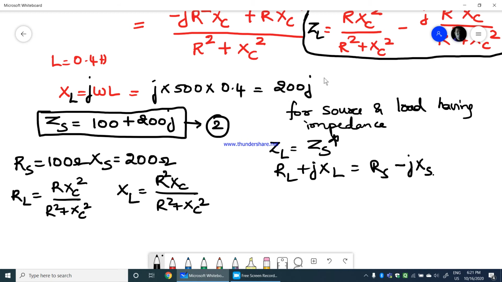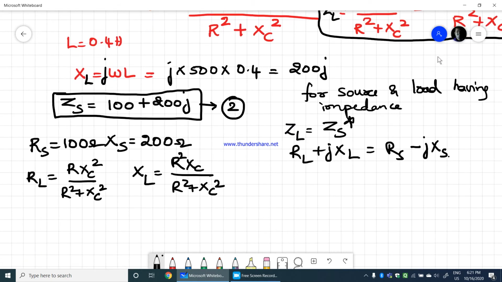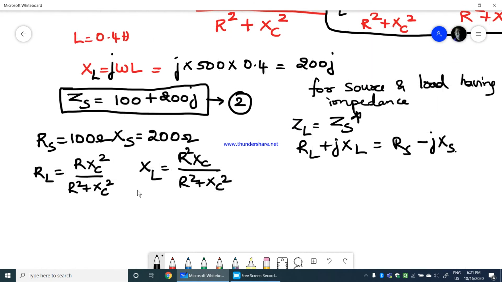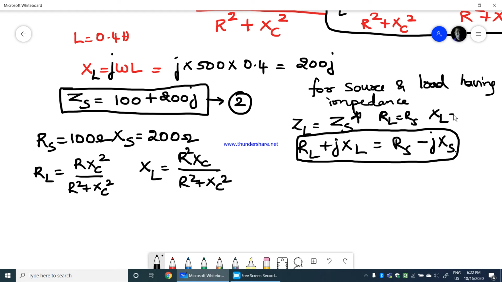Now in this problem, we need to find out the value of C and R. Now with this equation, can I equate RL equals RS? So we got two conditions. One is RL equals RS. The second condition is XL equals minus XS.